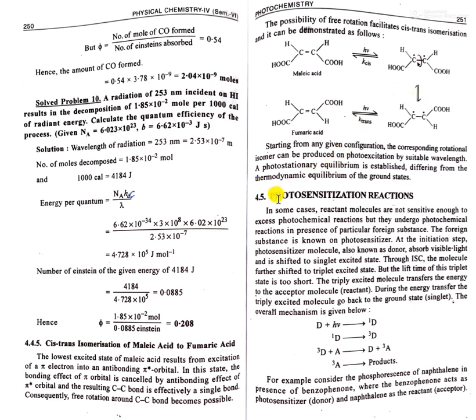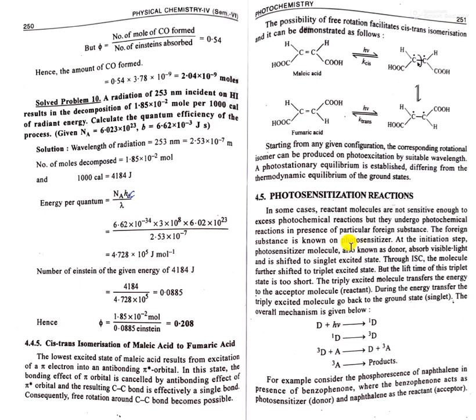Then you have photosensitization reactions, which we have previously discussed in the class, but we are discussing them again here. A photosensitizer is a molecule which can easily absorb a photon, and the energy absorbed by the photosensitizer is transferred to another molecule. So this is the role of a photosensitizer.